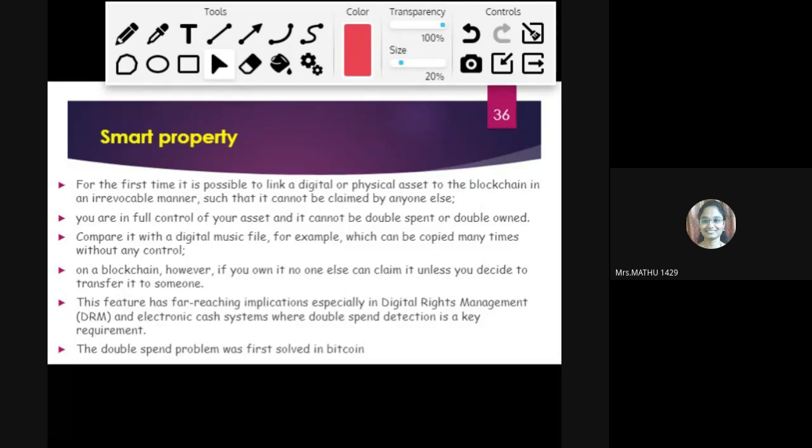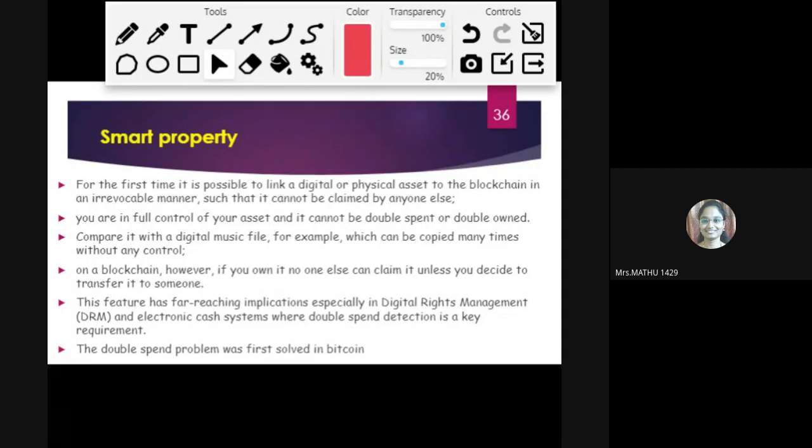In the case of physical currency, there is no possibility for double spending. If you have 100 rupees in your hand and you spend it in a shop, you are physically handing over that amount to that shop, so you will not be able to use that 100 rupees again in another shop. You cannot duplicate a copy of that 100 rupees and spend it. That is not possible.